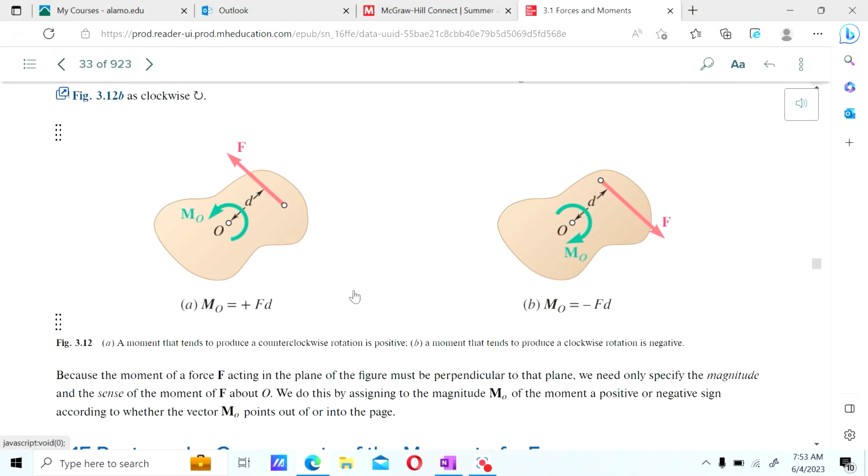So the moment has a convention: if it rotates counterclockwise, it's positive. If it's rotating clockwise, it's negative.